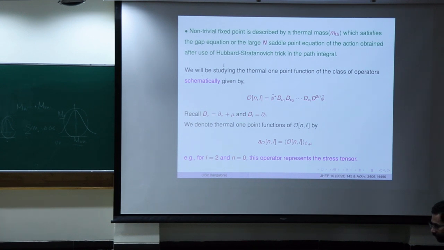If you solve it, you will see that this thermal mass is never real. So it just looks like an imaginary mass in the theory. So it's not unitary.